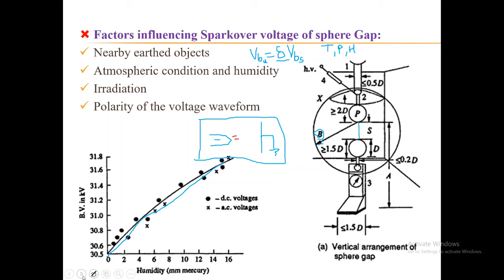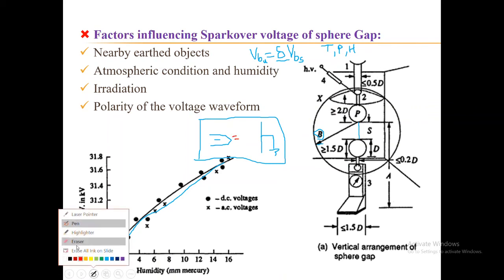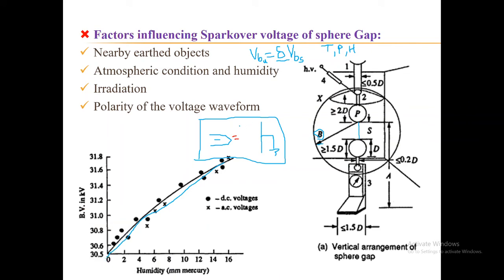Then the ionization takes place, and when the ionization takes place, positive ions are also produced. But in this case, the positive space charges act as a potential barrier, shielding the electrons which are moving from the negatively stressed electrode to the opposite electrode, which is the plate electrode.